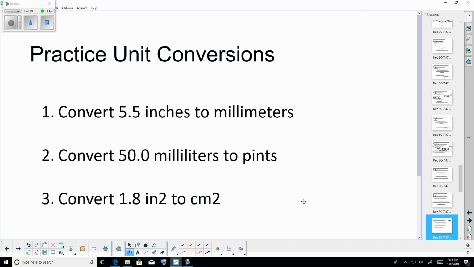All right, there are some practice problems. We're not going to do them here because you'd have to look up the conversion factors. 1 inch is 2.54 centimeters. Then you'd have to look at how many millimeters in a centimeter.